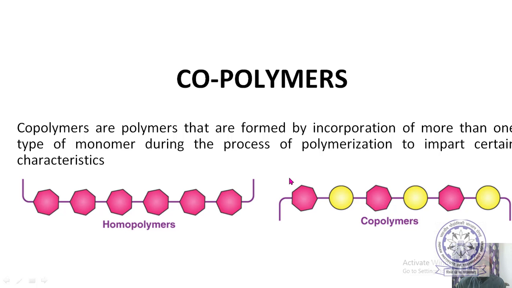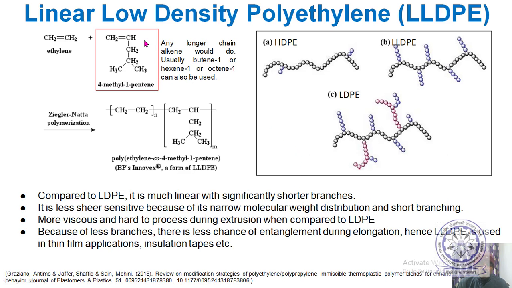So here you see linear low density polyethylene, LLDPE it is called. This is ethylene, CH2CH2, C2H4, plus 4-methyl 1-pentene. Any longer chain alkene would do actually. Usually butene-1 or hexene-1 or octene-1 can also be used.